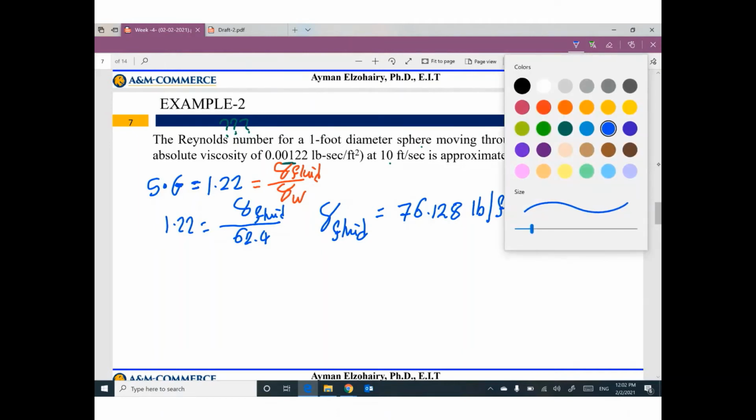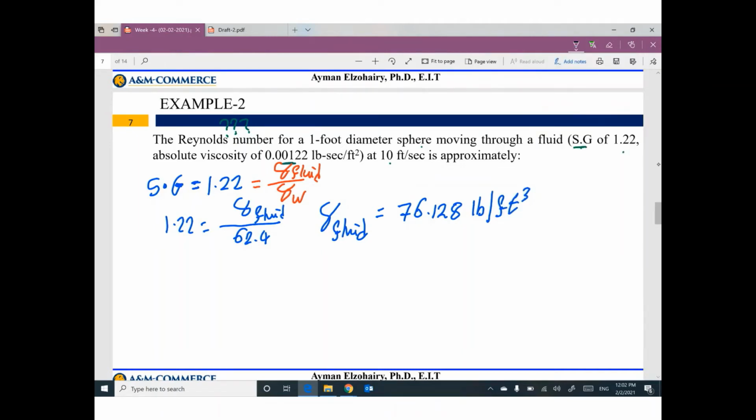Just for your information, this gamma fluid will be the same value as rho of this fluid, 76.128 pound per cubic feet.